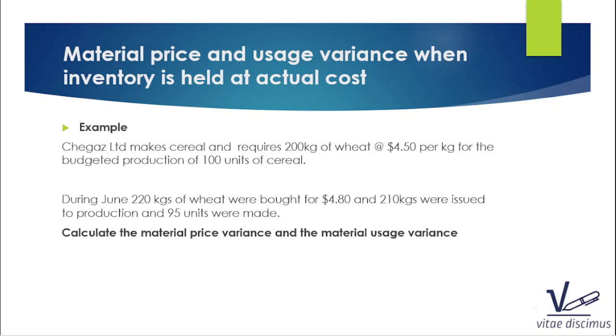During June, 220 kgs of wheat were bought for $4.80 a kg, 210 kilos were issued to production, and 95 units were made. Now calculate the material price variance and the material usage variance.